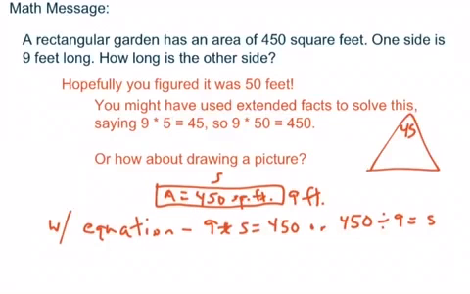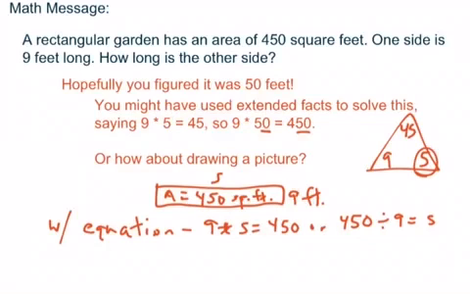So 45 and 9, I hope I could see that 5 would be this other one, right? But it's not 45 that I was trying to get to, it was 450, so it's 9 times 50 is going to get me there. So hopefully you can see that, and hopefully maybe the drawing helped you out.